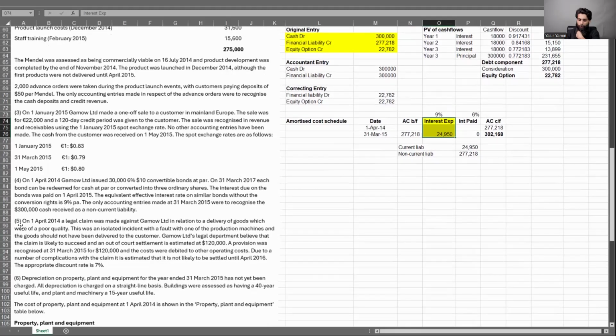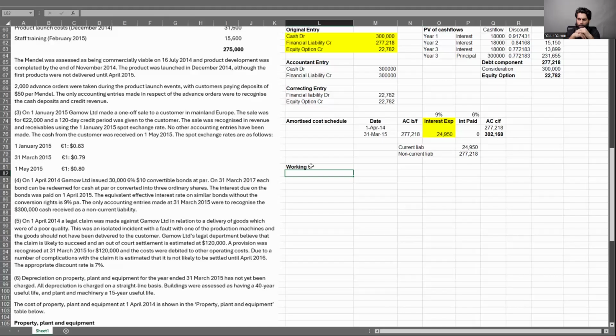Note number 5. On 1st April 2014, which is the start of the year, a legal claim was made against Gamow Limited in relation to a delivery of goods which were of poor quality. Can anybody tell me which accounting standard comes into your mind when you read this type of narration? Somebody has made a legal claim against you.